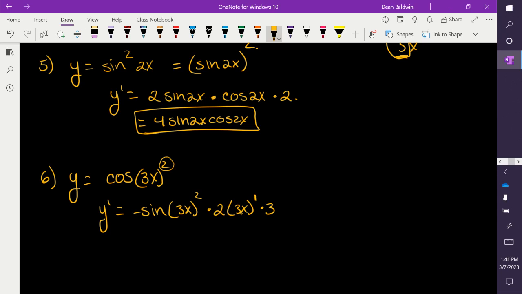So then it's 3 times 3 is 9, times 2 is 18x.